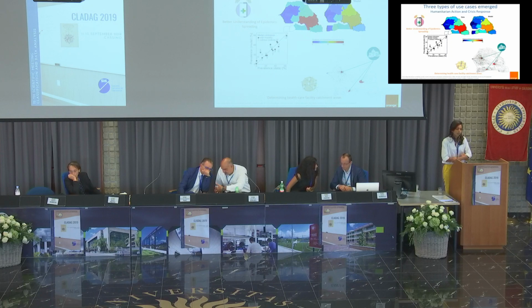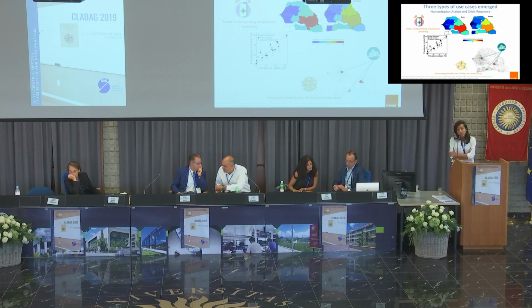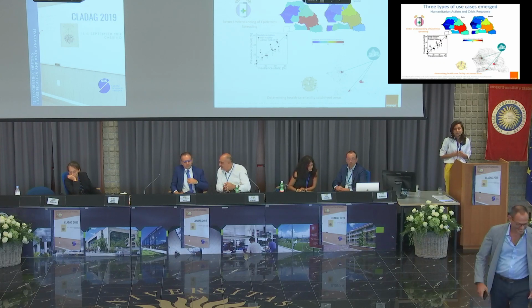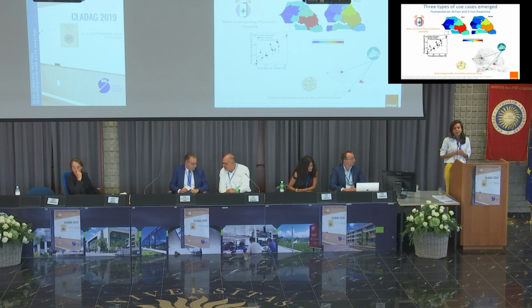And finally, mobile phone data for humanitarian action and crisis response. So mobile phone data could be used to not predict, but maybe prevent and address and deal with crises like epidemic spreading, for example.